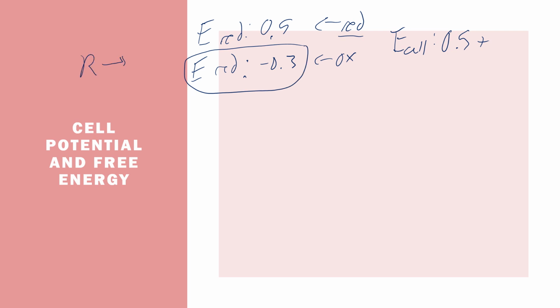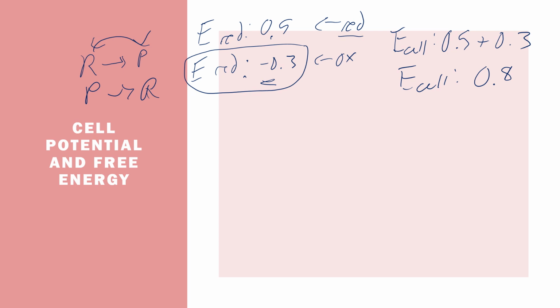From reactants to products, you're going to flip that around, products to reactants. And when that happens, you change the sign of this reduction potential. So we will change this to a positive 0.3. So that means my cell potential for the overall reaction is 0.8, which is a positive value, which works for voltaic cells.